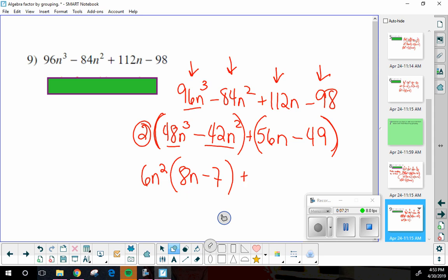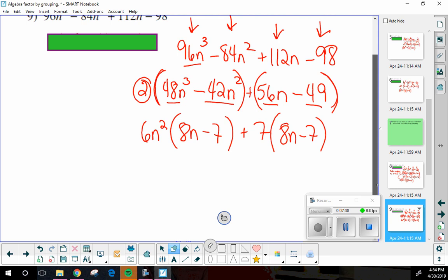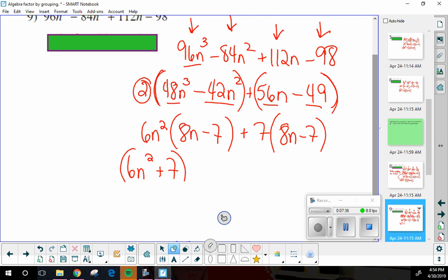And then the greatest common factor in this and this is just going to be 7. This would be 8n minus 7 as well. So then this would be 6n squared plus 7 times 8n minus 7. And then I will go back and pick up the 2 that I factored out to begin with.